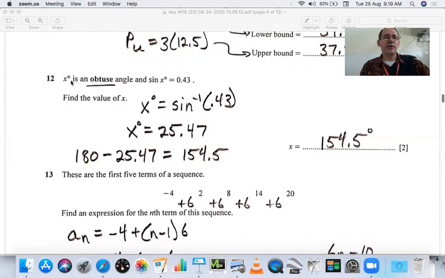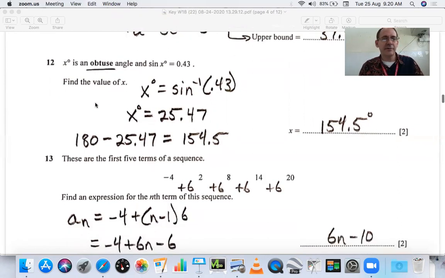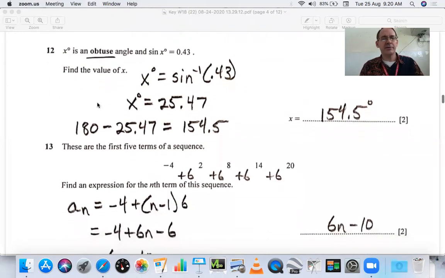To obtain obtuse, remember your sine is positive in both the first and second quadrants. The 25.47 would be your acute angle in the first quadrant. To get the second quadrant angle, the obtuse angle, you just subtract it from 180, and that gives you 154.5.